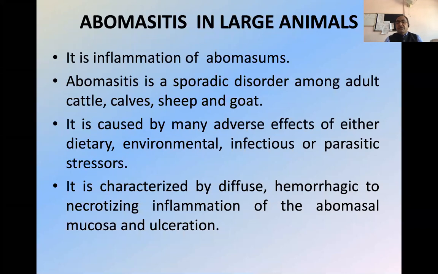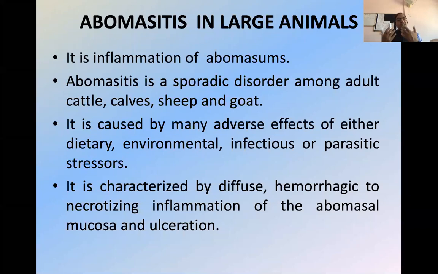But since it is related with, and in the next class, I have to teach the gastritis, the stomach, where the esophagus ends in a stomach, the different parts of the stomach. And therefore, I have taken this abomasitis as the first disease of the ruminants.